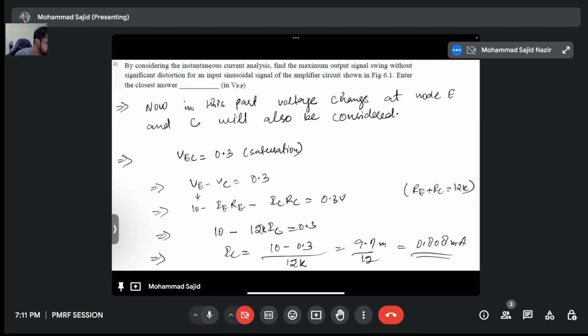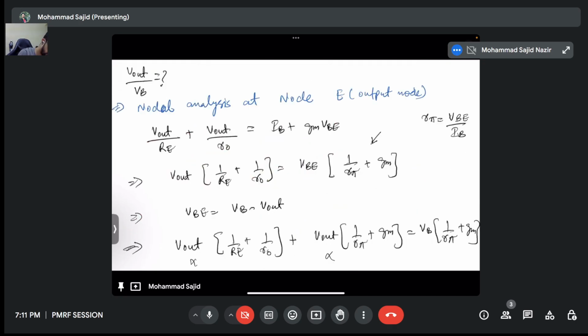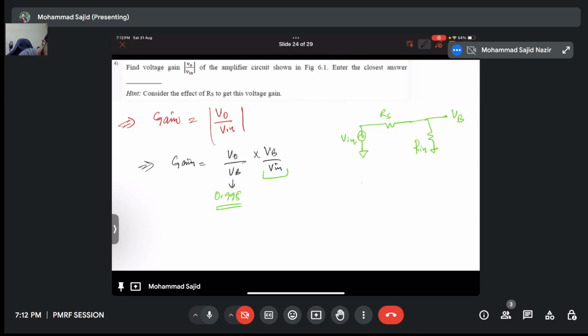So VB will be equivalent to R input divided by R input plus RS times V. So VB by V input will be equivalent to R input divided by R input plus RS.